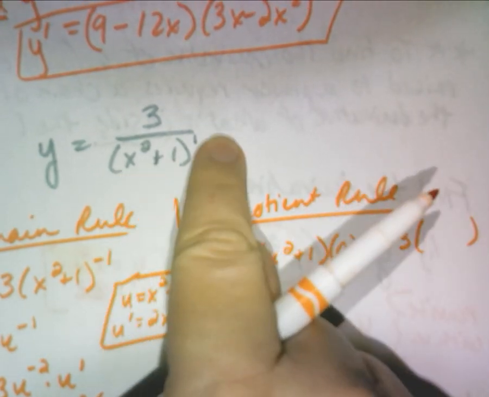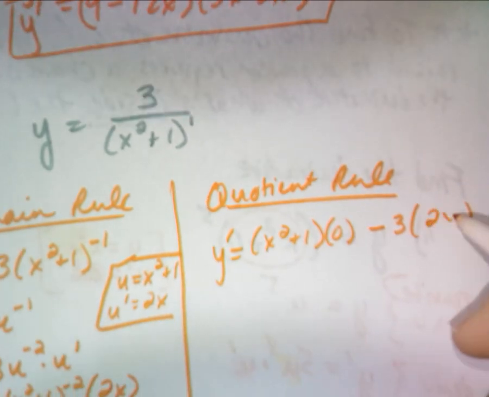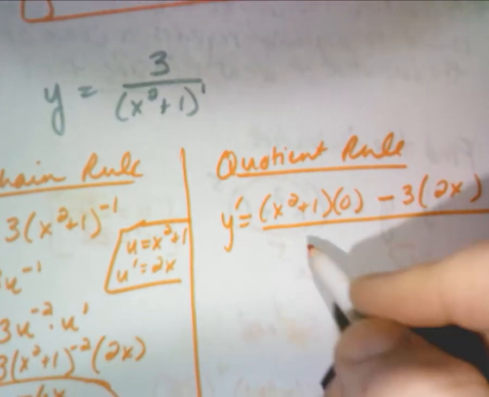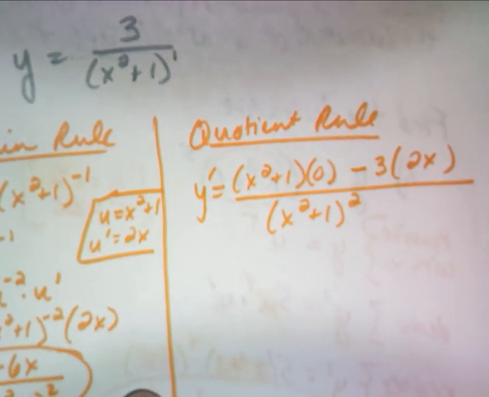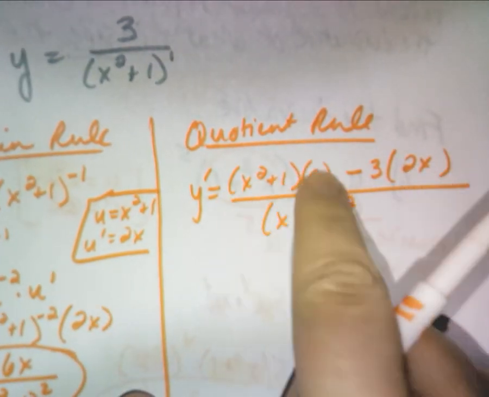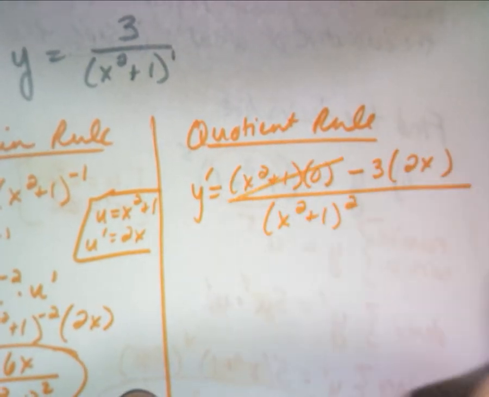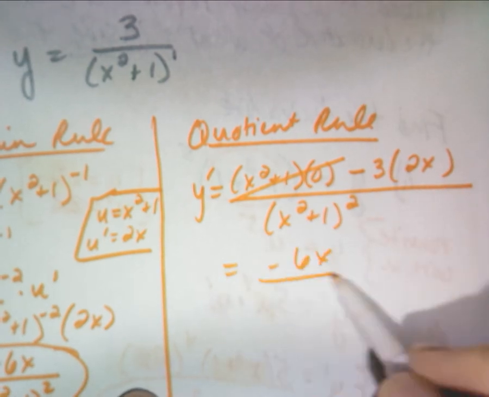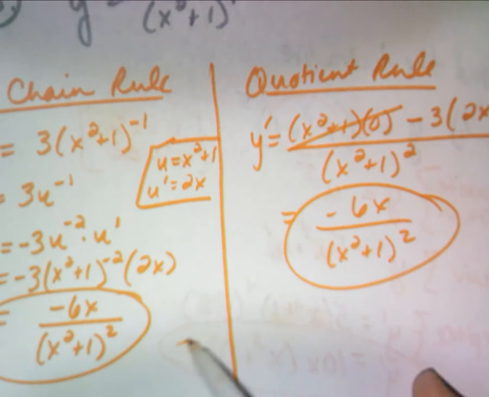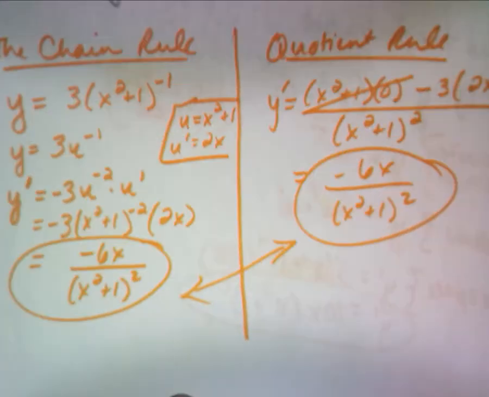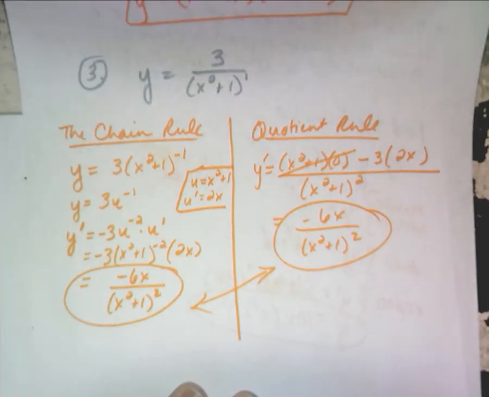Since it's to a power of 1, it would just be 2x. All over denominator squared. Anything times 0, any quantity, is 0. That's a lot easier. Exactly. I got the same answer. Done correctly, you'll get the same answer.